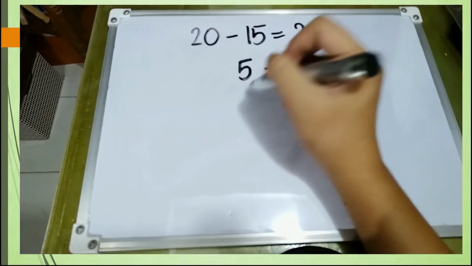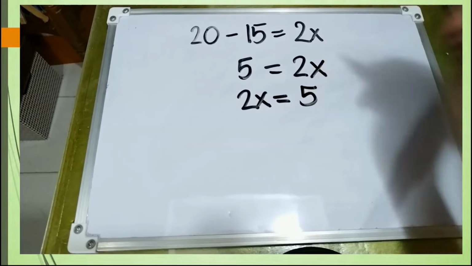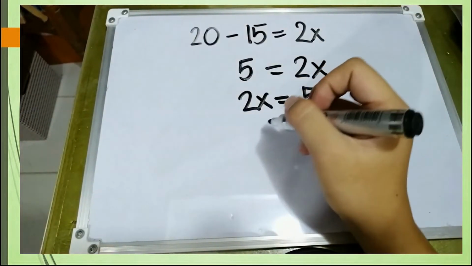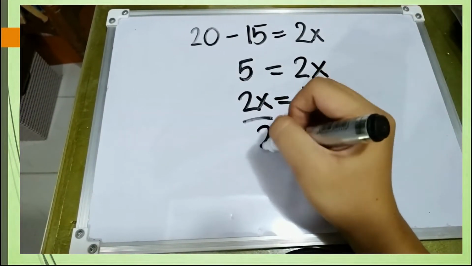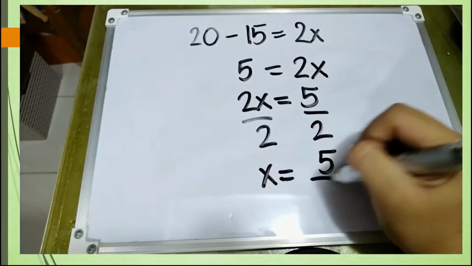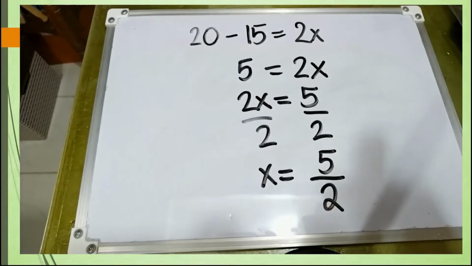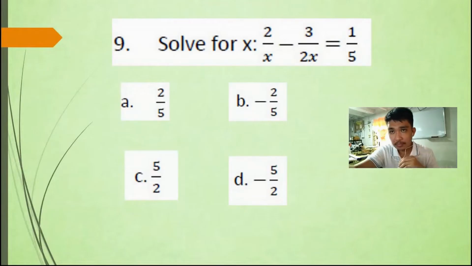So by symmetric property, 2x is equal to 5. Then let's divide both sides of the equation by 2. So x is equal to 5 over 2. Now the answer is letter C.